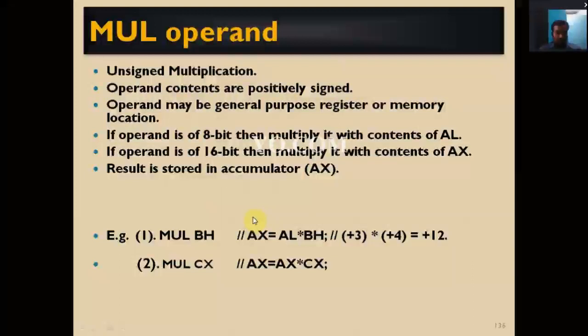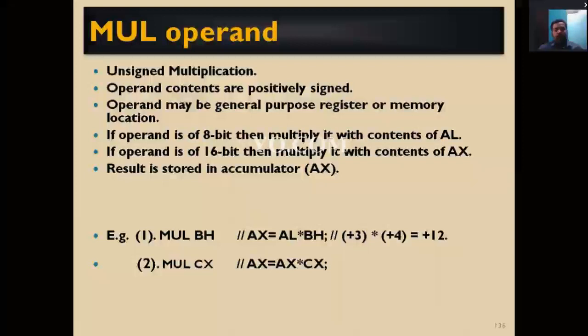MUL BH means the data present in AX is multiplied with BH, and the result is stored in the AX register and DX register. If you are multiplying two 16-bit numbers, the result is a 32-bit number.